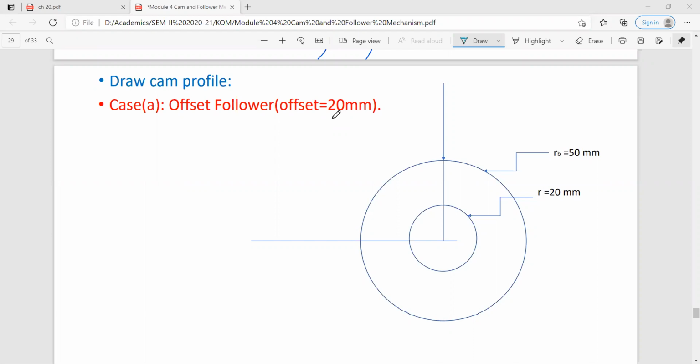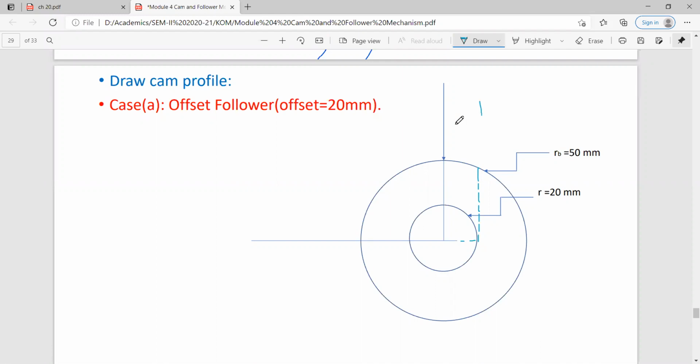Done, sir. Okay. So see, in the offset circle, from this point you will draw a line in the y direction this way, and where this will cut the base circle, there you will have the position of follower.